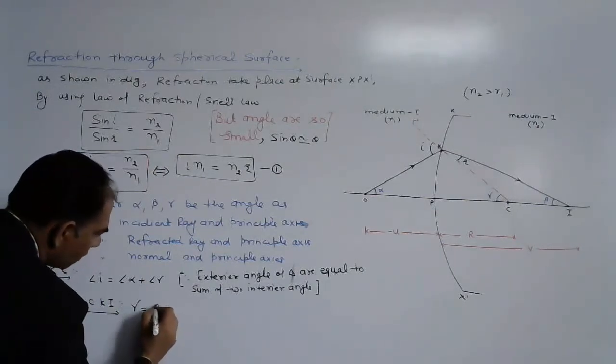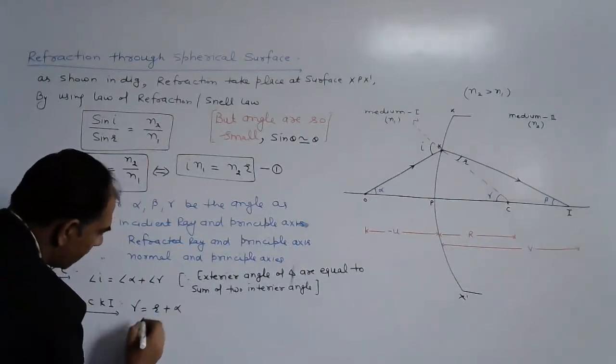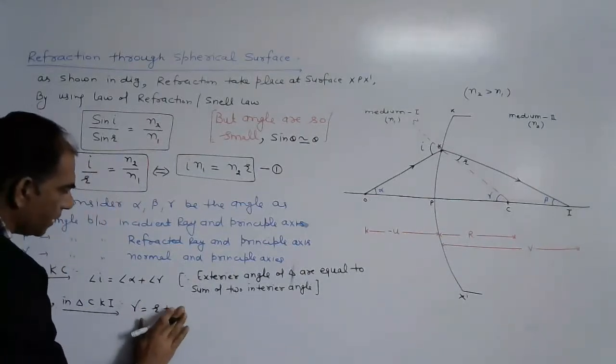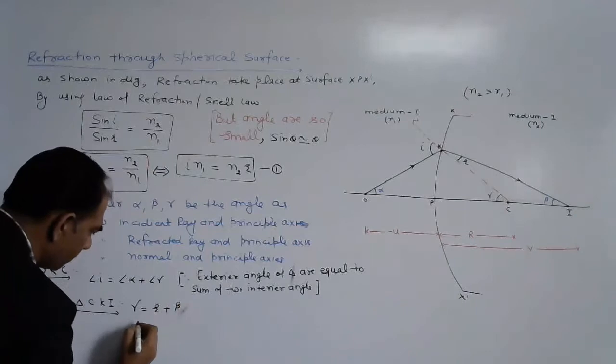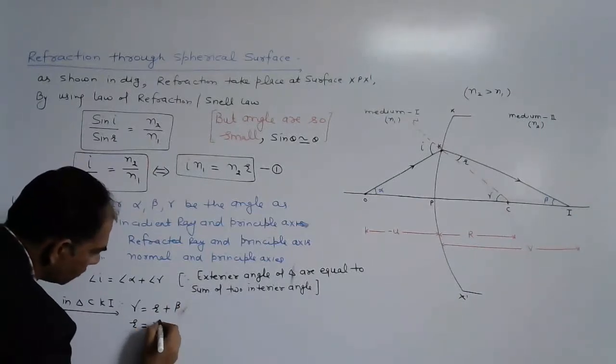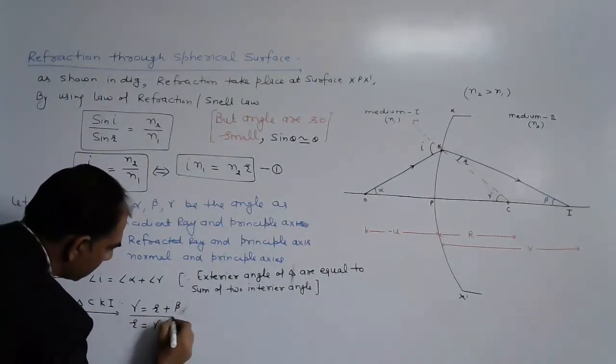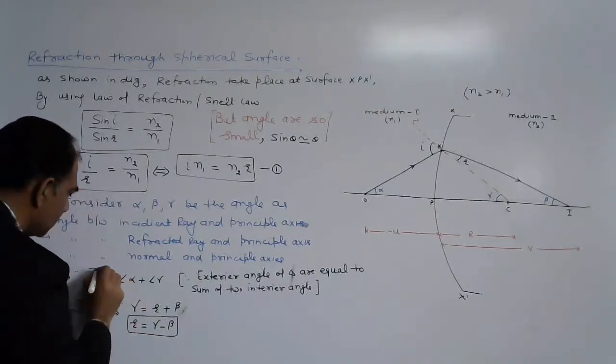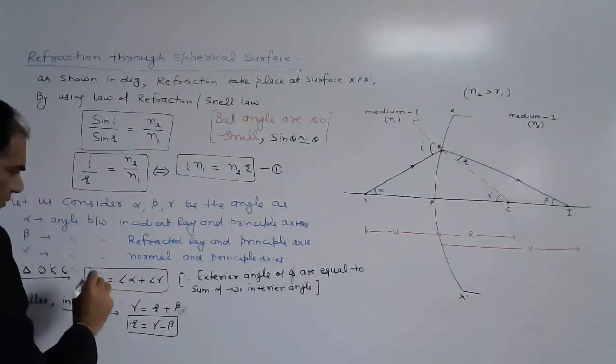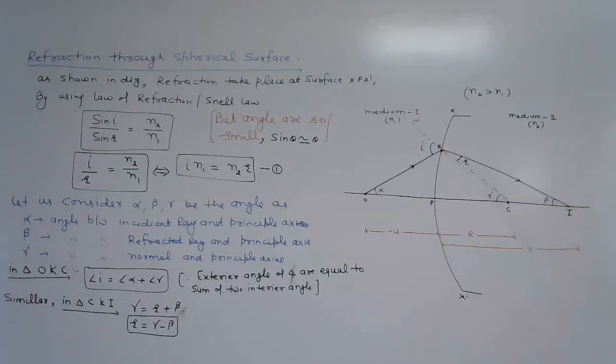Gamma is equal to r plus beta, and we find the value of r is equal to gamma minus beta. These are the two relations, and the geometry is the same: the exterior angle must be equal to the sum of the two interior angles.